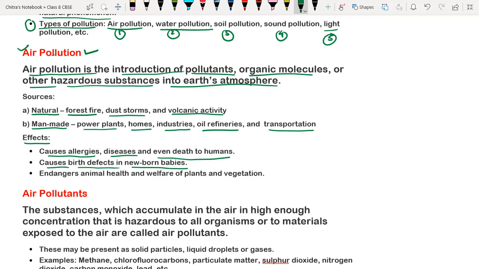Newborn babies get adversely affected due to air pollution and are born with defects. Air pollution also endangers animal health and the welfare of plants and vegetation. That's why air pollution is harmful to animals, plants, and human beings.